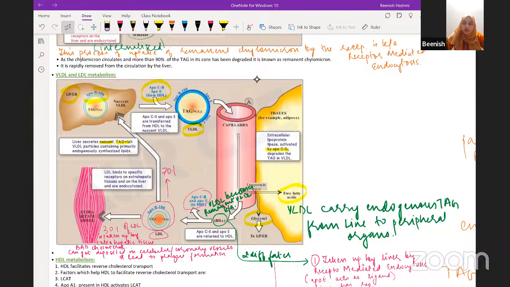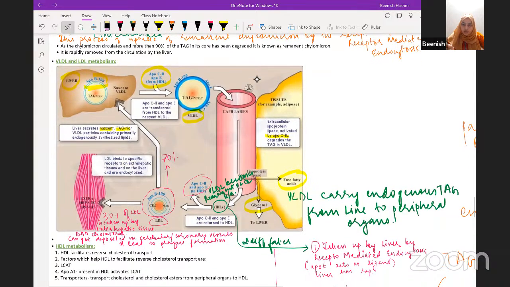Now this passes through the capillaries lining the peripheral organs, where ApoC2 activates the lipoprotein lipase in the vascular endothelium of capillaries, and the endogenous TAG is degraded into free fatty acids and cholesterol. What is left is known as remnant VLDL, also known as intermediate density lipoprotein or IDL.